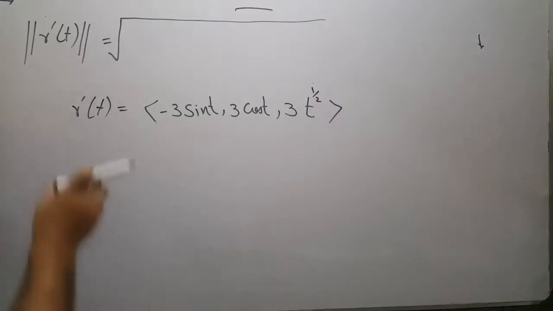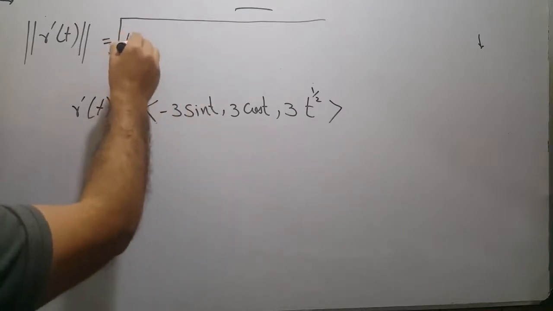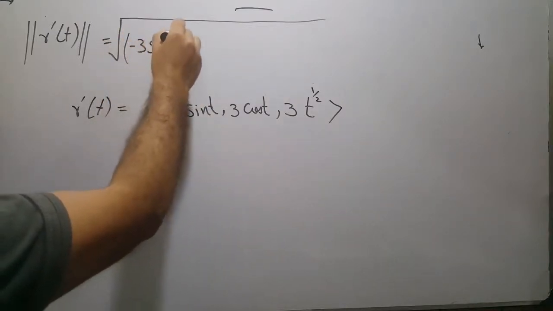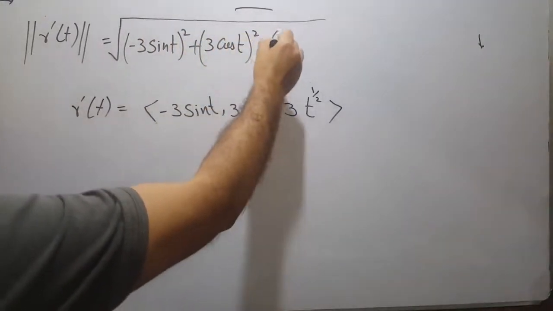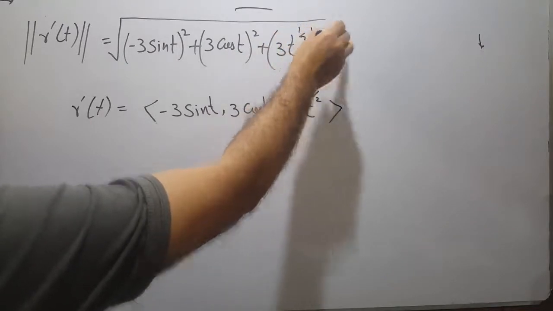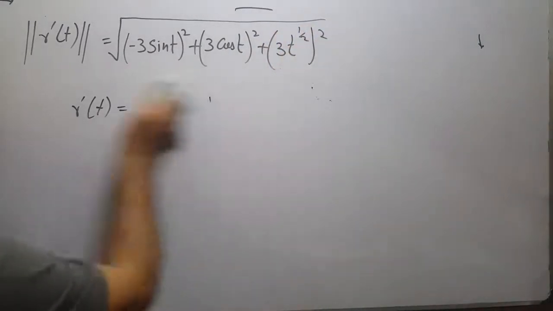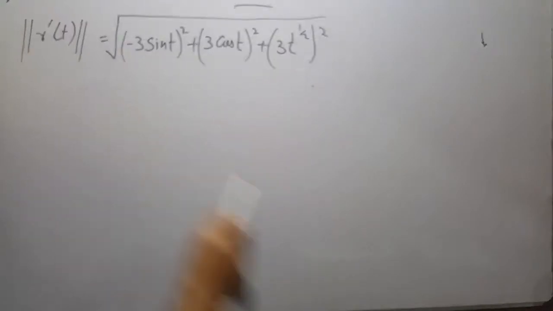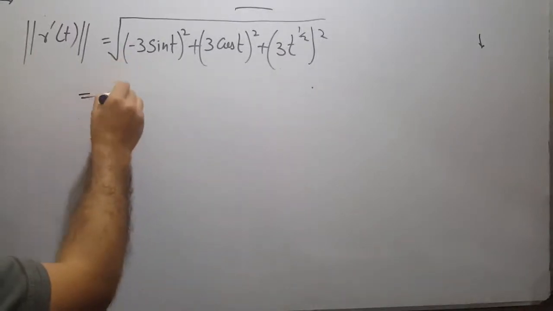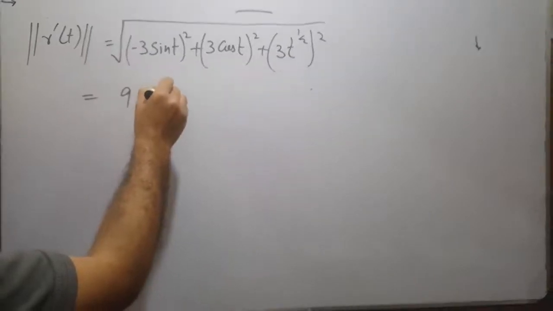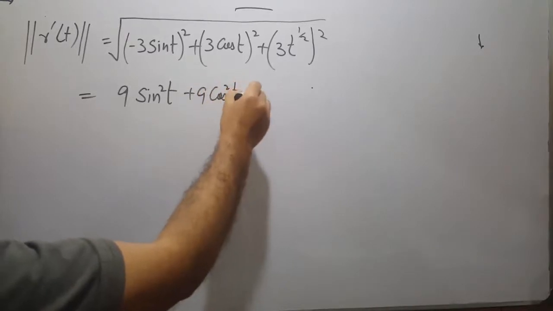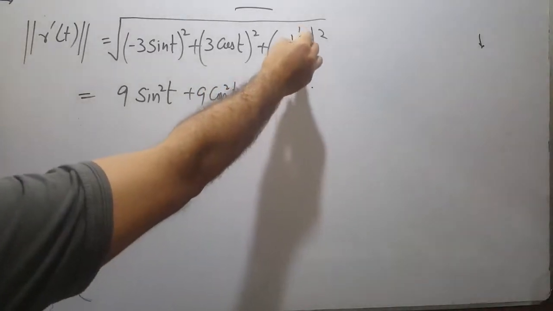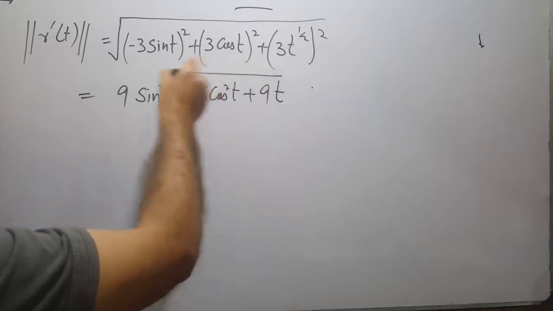For the formula, we need the magnitude of r prime of t. So we have to take the square of the first entry, the second entry, and the third entry, and then add them up and take the square root. If we do that, this gives us 9 sin squared t, this gives us 9 cos squared t, and this gives us 9t.